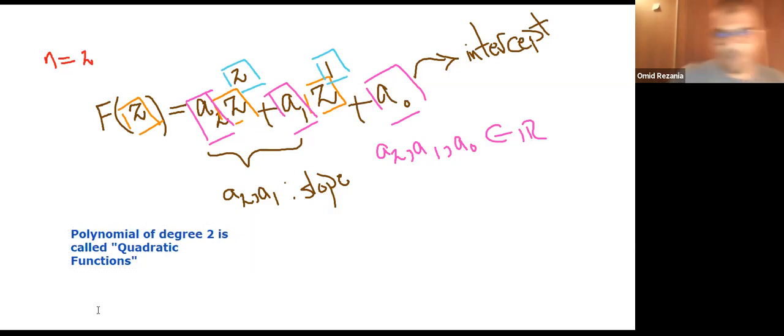That's what we call them, the quadratic functions. Okay. And here we also see the leading power, which is going to be the leading coefficient.